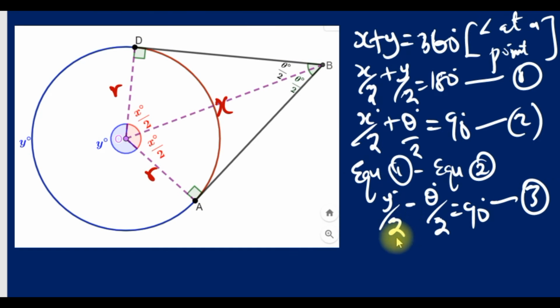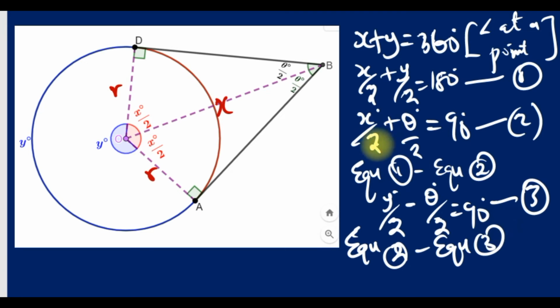Again, remember, first we did equation 1 minus equation 2 to give us equation 3. Now if we do equation 2 minus equation 3, this minus this, we have x over 2 minus y over 2.